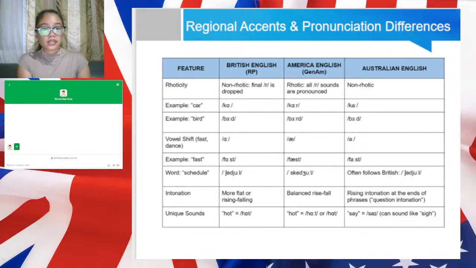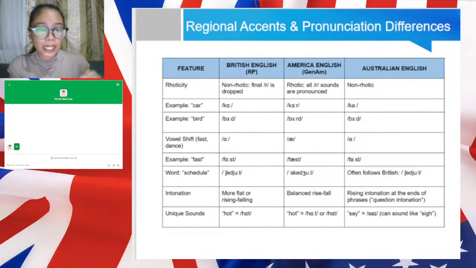All right, everyone. Let's talk about how English sounds can vary depending on where in the world it is spoken. It is really fascinating to think about how one language can have so many different sounds and accents. Today we are going to look at some key differences between the three major ones.